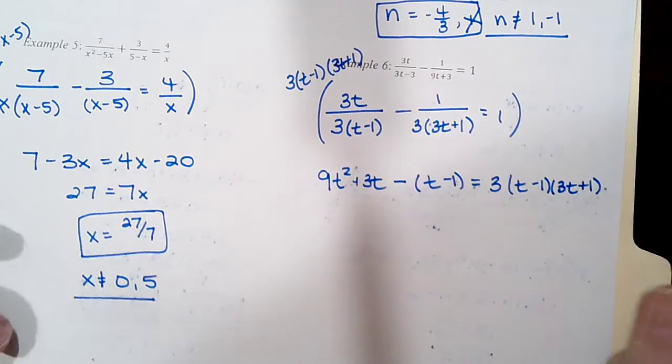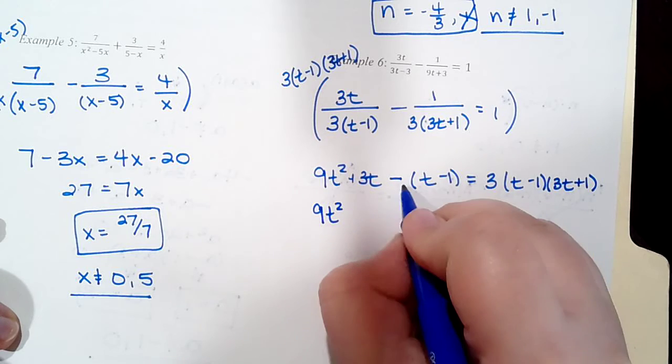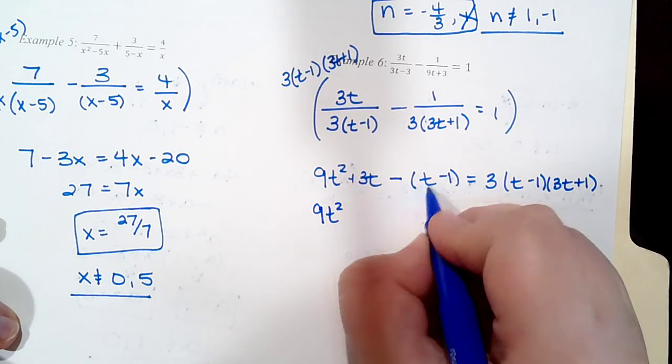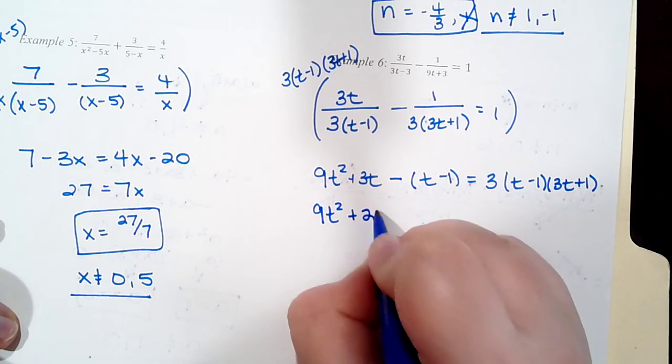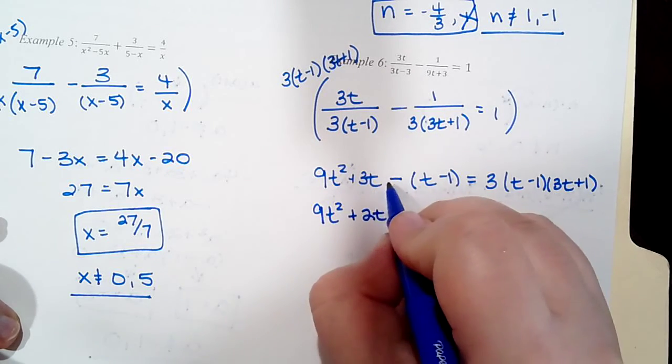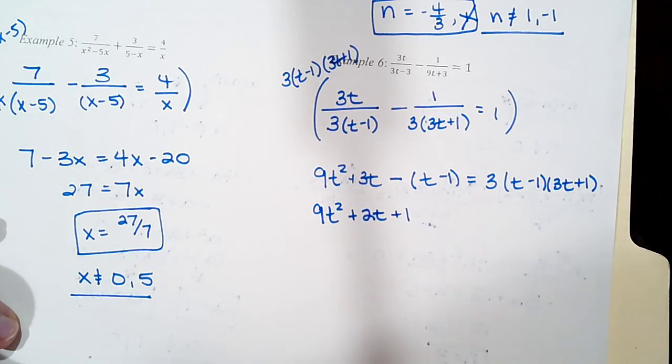All right, let's simplify. 9t squared. When I distribute this in, I get negative t, so 3t minus t is going to be plus 2t. Negative times negative 1 is positive 1.